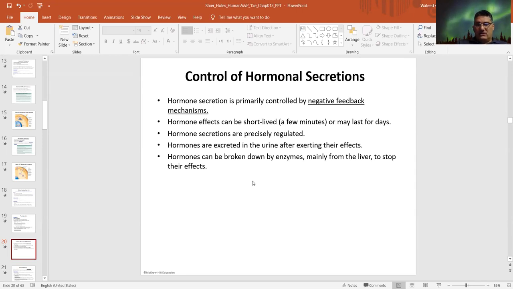There is a limit for that. You cannot be doing that 24/7. Like the whole day long, you're secreting CRH, go to the anterior pituitary, ACTH, adrenal cortex, cortisone, cortisone, cortisone. That's too much. There should be a regulation for that.